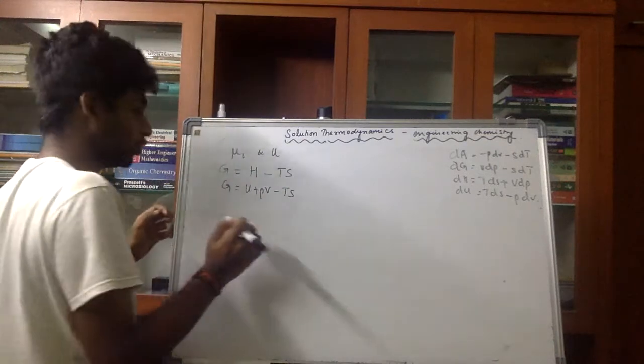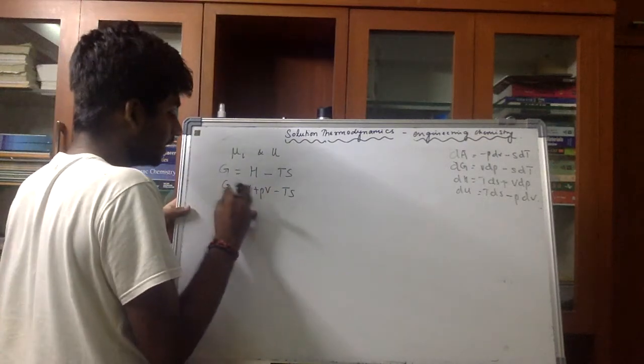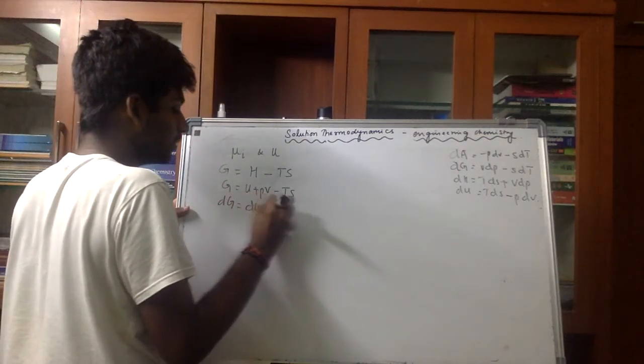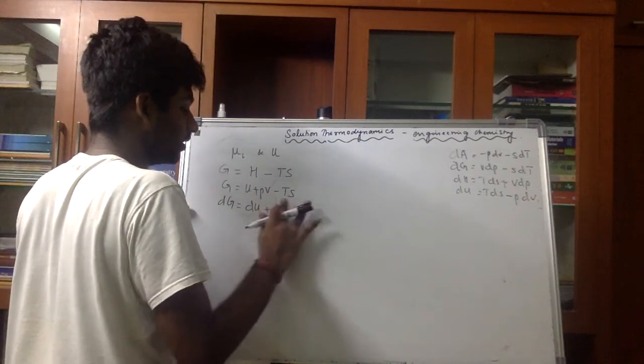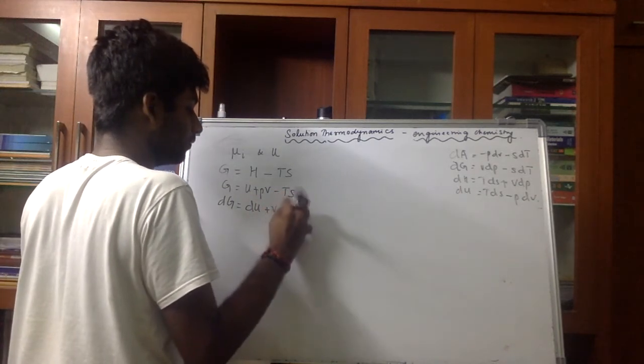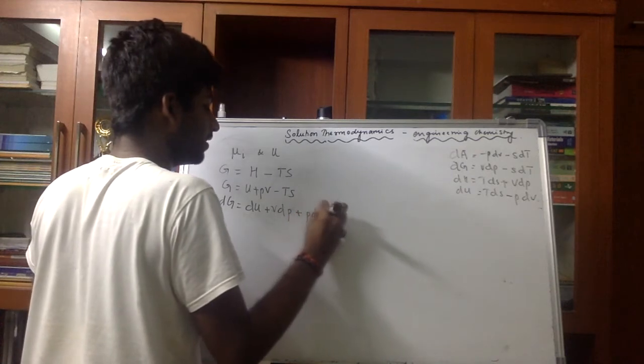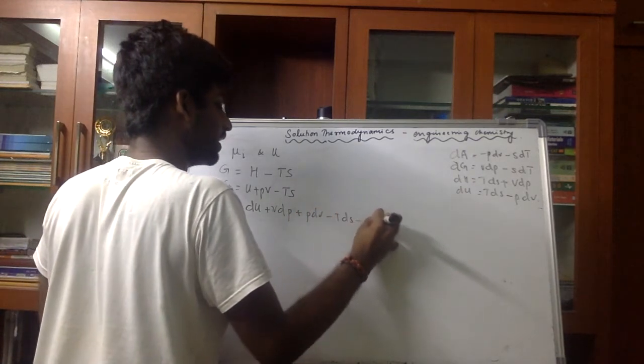Do not substitute for U. You need not. And then differentiate: dU plus PdV plus VdP minus TdS minus SdT.